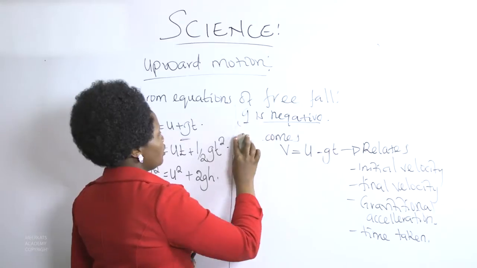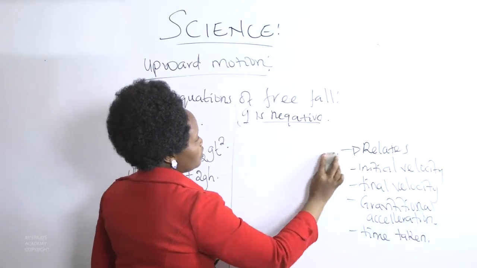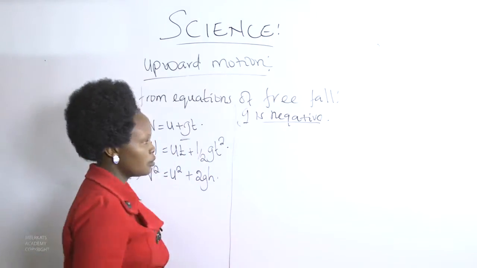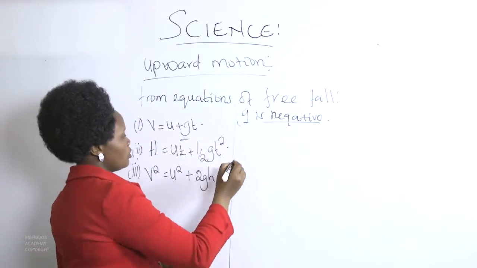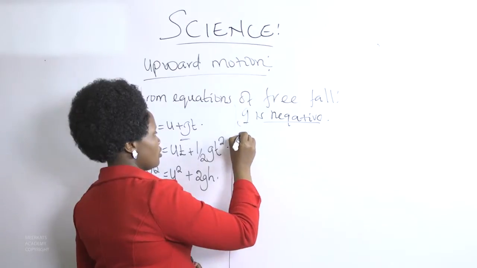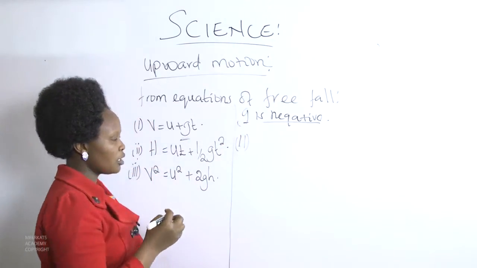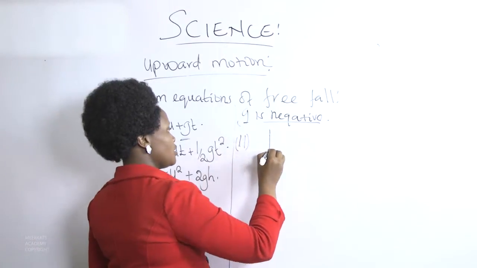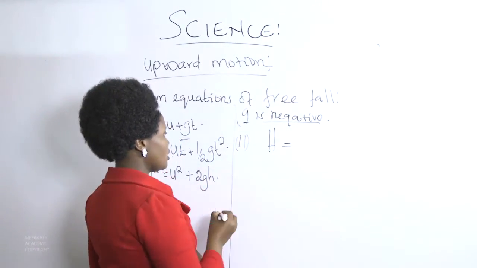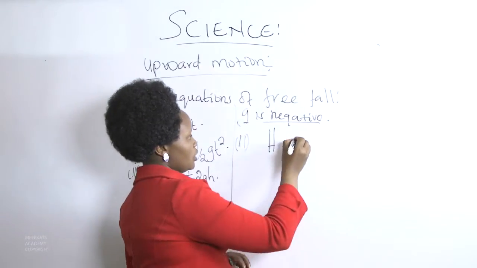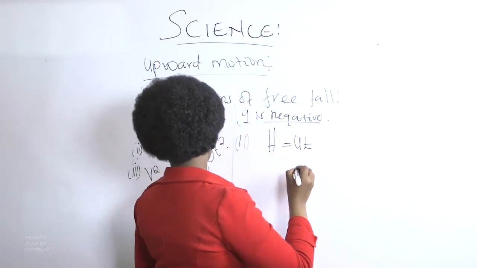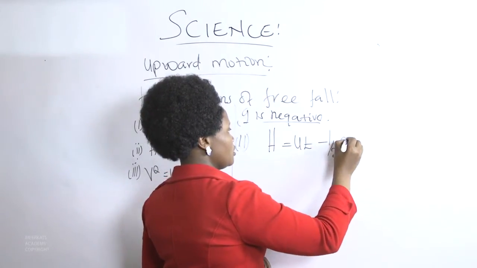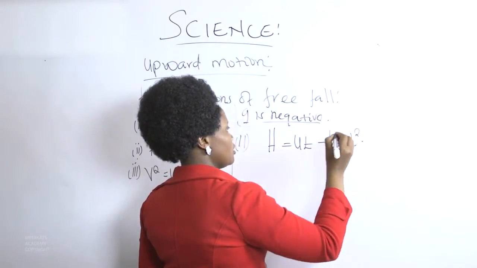Now, our equation number two also, substituting for negative g, height in this case will become ut plus or minus a half gt squared.